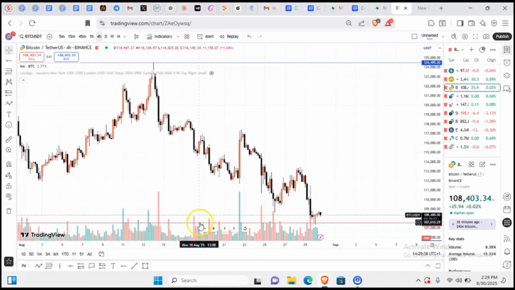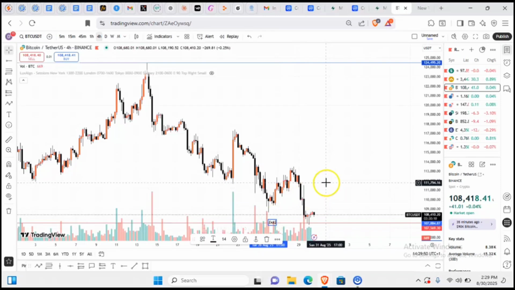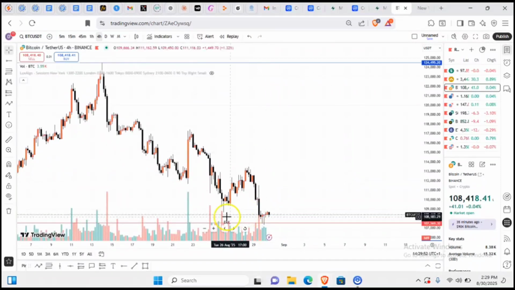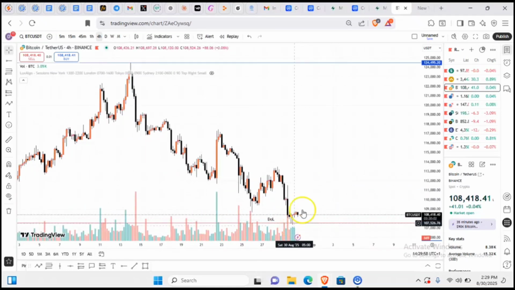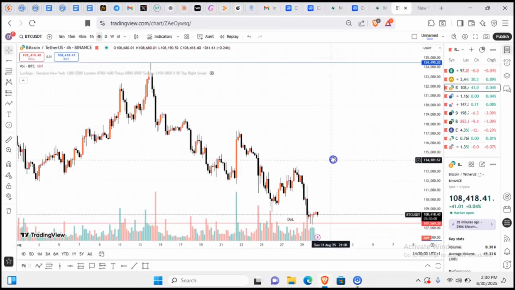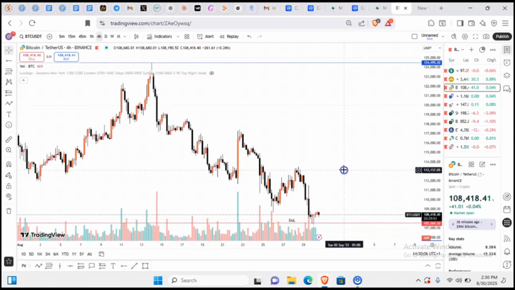I may not call this a key level, peradventure I will call this a door on liquidity. I'll just label that as DOL. What that means is that I want to see price take out that level. Okay, it's a very good level on the weekly. There's just a little tap into it, which is cool, but I want to see it taken out properly because most traders are already trying to ride the buy side already.